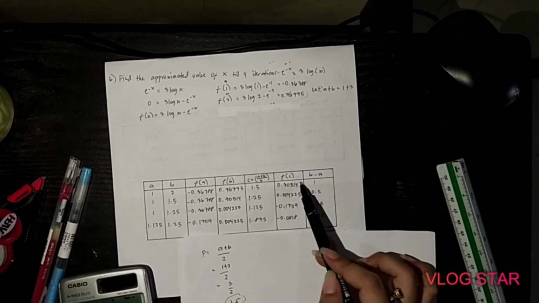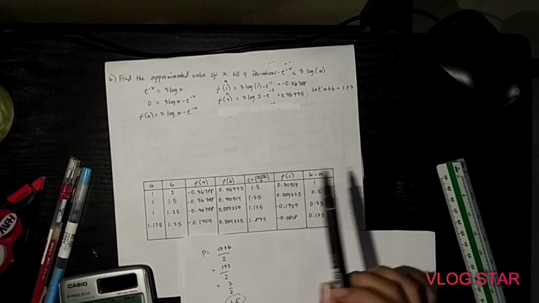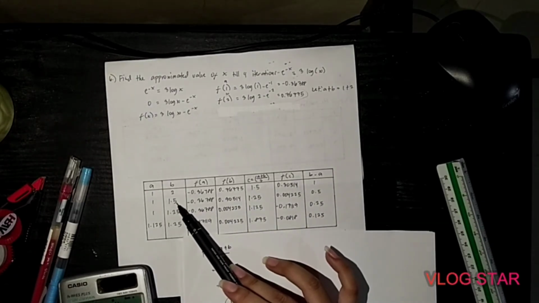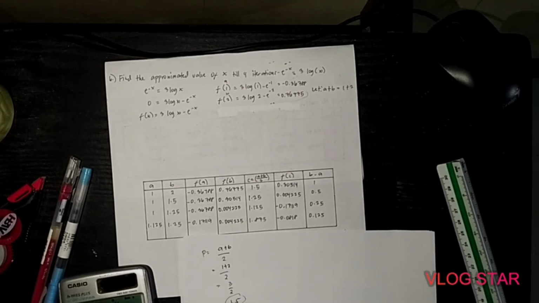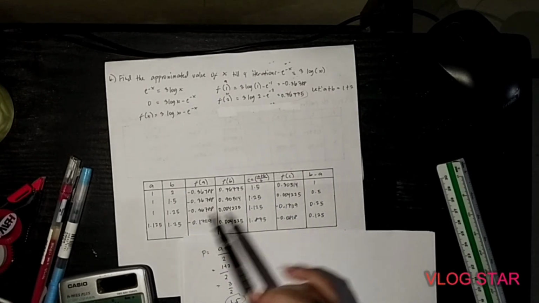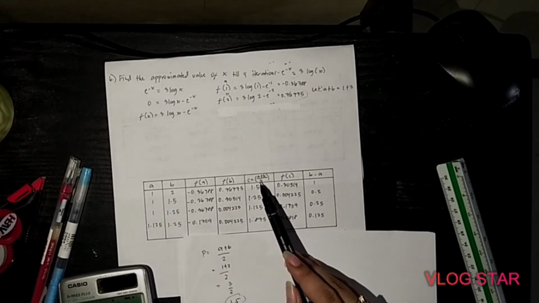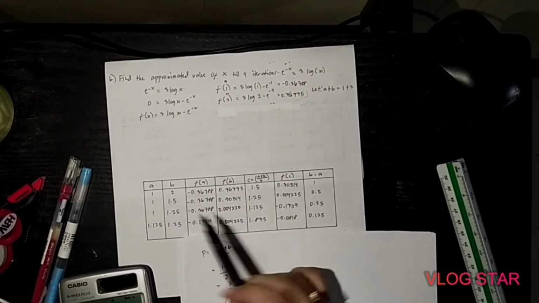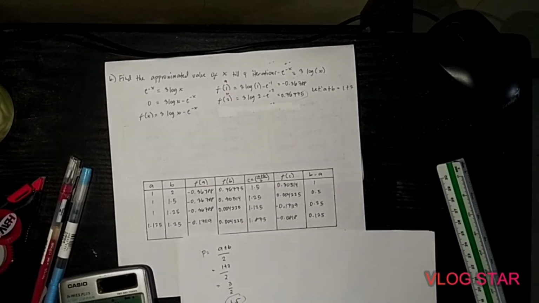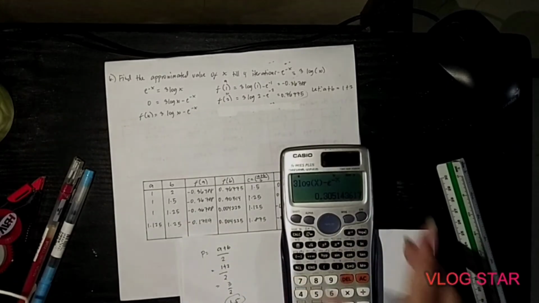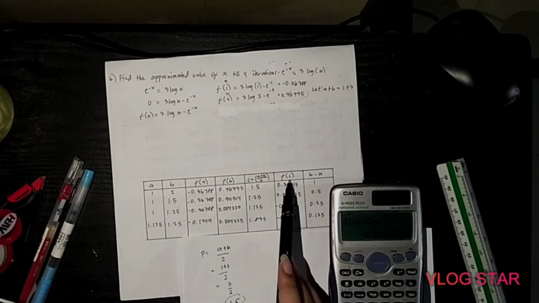If the f of c is positive, you're going to change the value of b, which will now become c. Take note of that. So a will remain the same, but the value of b will be this one, 1.5.